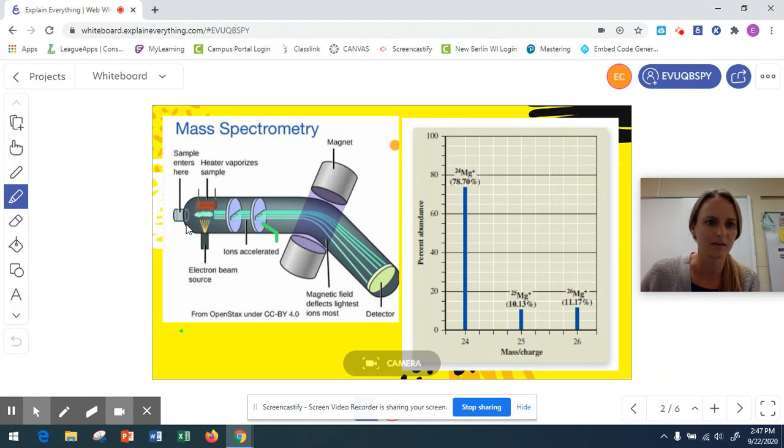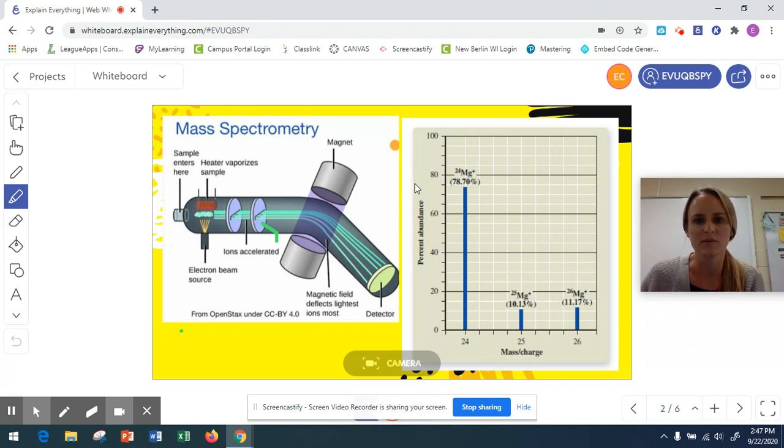A sample of magnesium is put into this apparatus, and as it enters, it heats up and the magnesium vaporizes. As it vaporizes, the ions that are created, because the electrons become excited, go through this accelerator, and there's a magnet here that makes the different isotopes of magnesium be deflected to different areas of this detector.